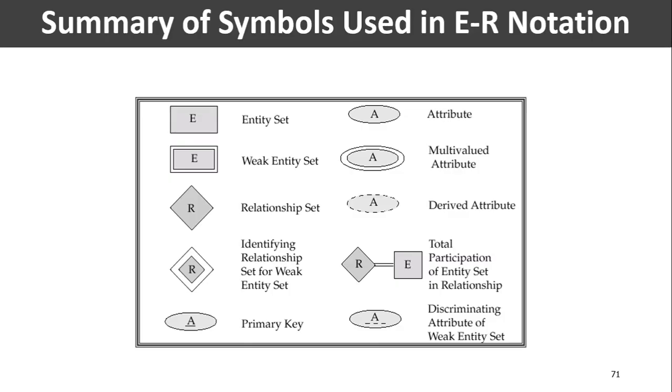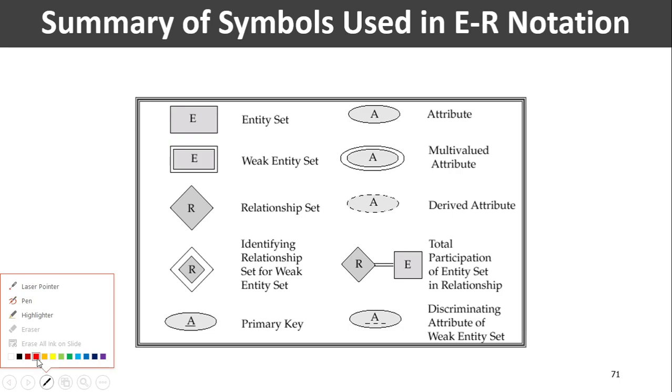Before actually going for the university database and its ER diagram, let us summarize the symbols that are to be used while drawing the ER diagram. We have gone through these symbols, but this is the summary.